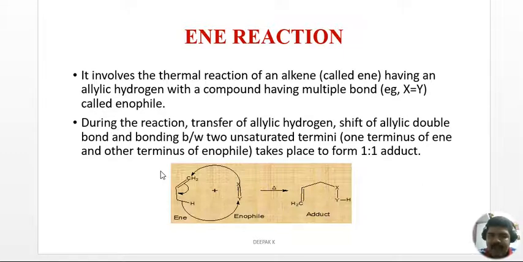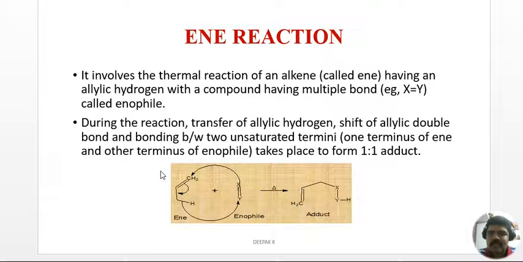Your alkene should have an allylic hydrogen and it should react with a compound having a multiple bond, for example of the type X double bond Y, and that is known as the enophile. So this is just like your Diels-Alder reaction. In the Diels-Alder you have a diene and dienophile. Here you have an ene and enophile. And what is the property of the ene? It should have allylic hydrogen, and in the case of the enophile it should have a multiple bond.